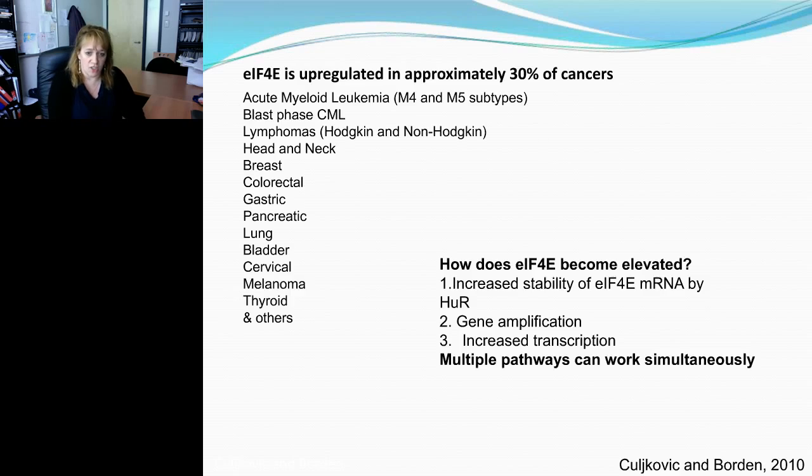Gene amplification is another way, and increased transcription, particularly noting the NF-kappa B and c-MYC pathways, is another way of elevating EIF4E levels. I'd just like to note that these multiple pathways can work together. For instance, we can see increased RNA stability and increased transcription in the same cells.